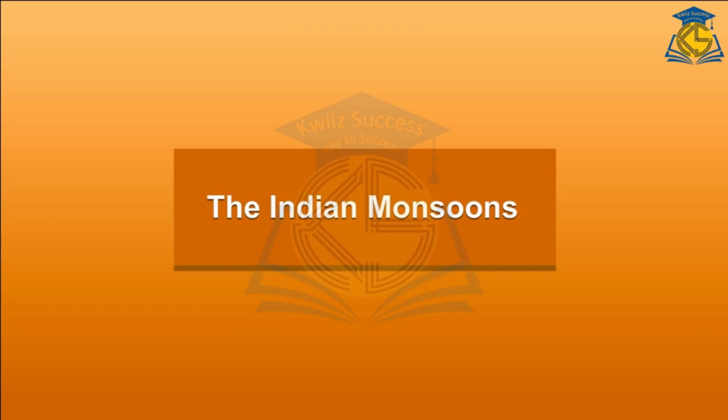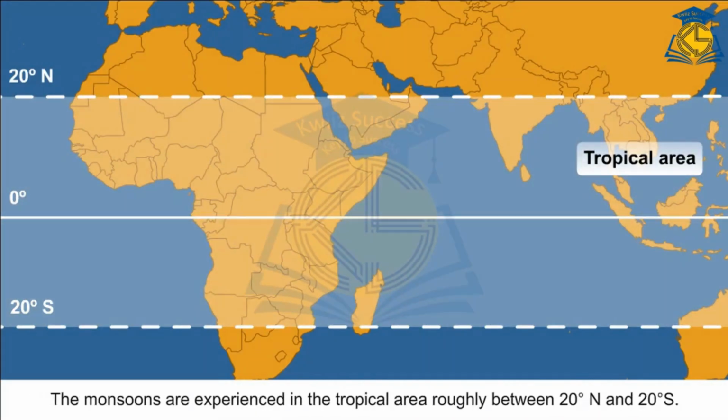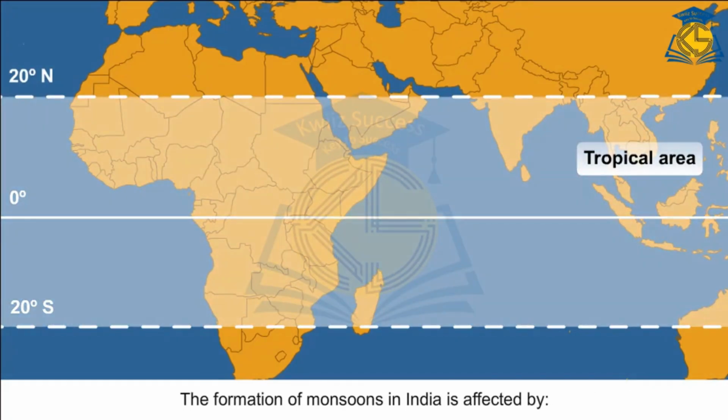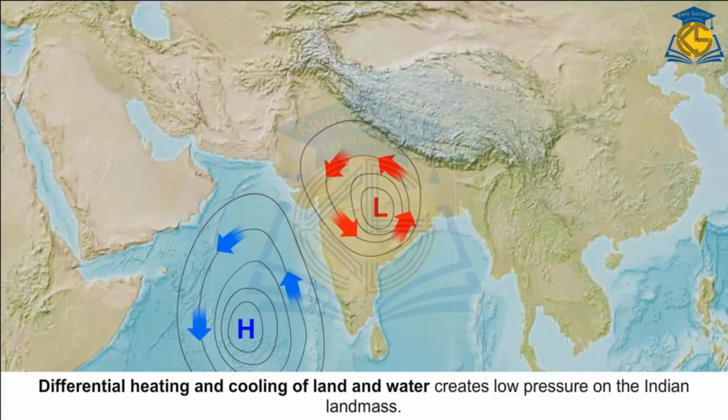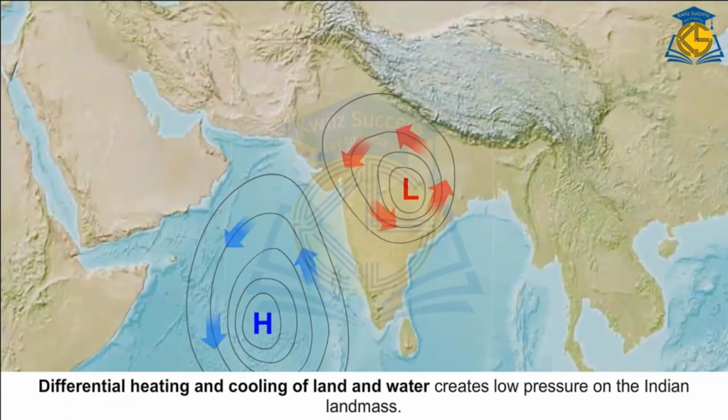The Indian monsoons. The monsoons are experienced in the tropical area roughly between 20 degrees north and 20 degrees south. The formation of monsoons in India is affected by: 1. Differential heating and cooling of land and water creates low pressure on the Indian landmass.